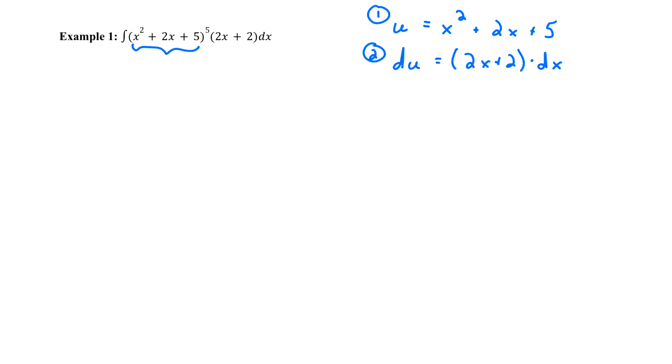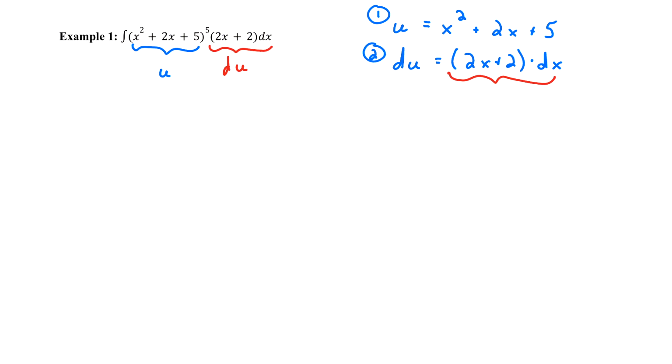I need to get rid of all of the x's. So that is going to be my du, and I'm hopefully going to line up that du with other parts of the integral. If I look at this 2x plus 2 times dx, that matches exactly what I have for my du. We already decided what our u is: x squared plus 2x plus 5.